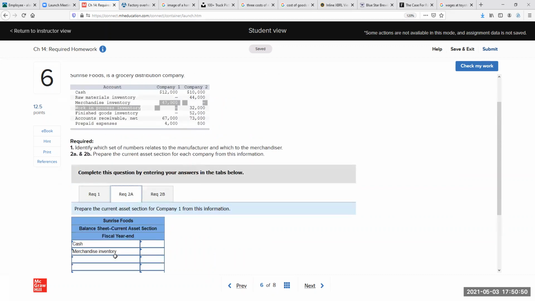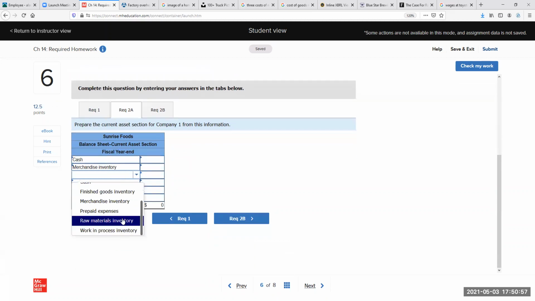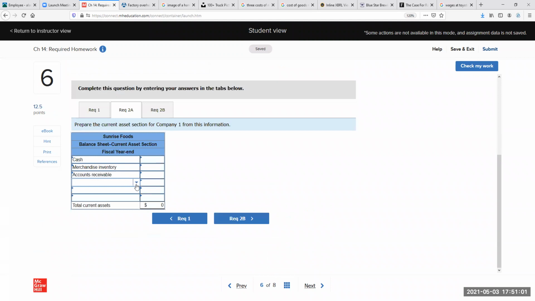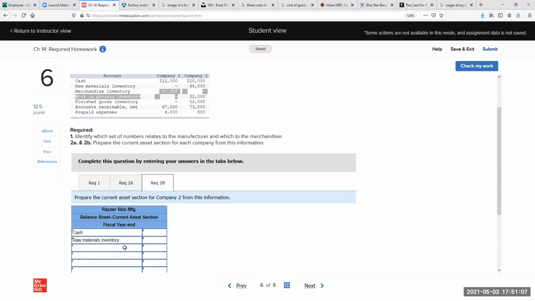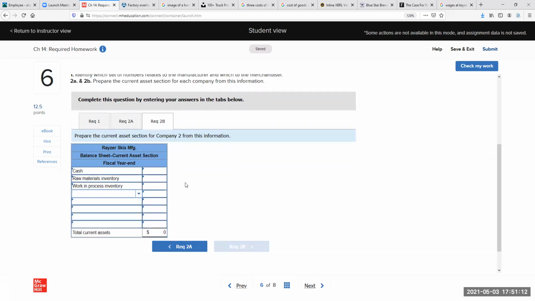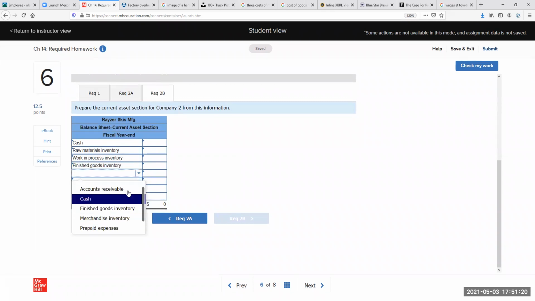And this one just has merchandise inventory. And this one, so it does show accounts receivable here. Accounts receivable and prepaids. Well, what's the difference? This one has raw materials, plus it has work in process inventory, plus what else? Finished goods inventory, plus the receivables, and plus the prepaids.